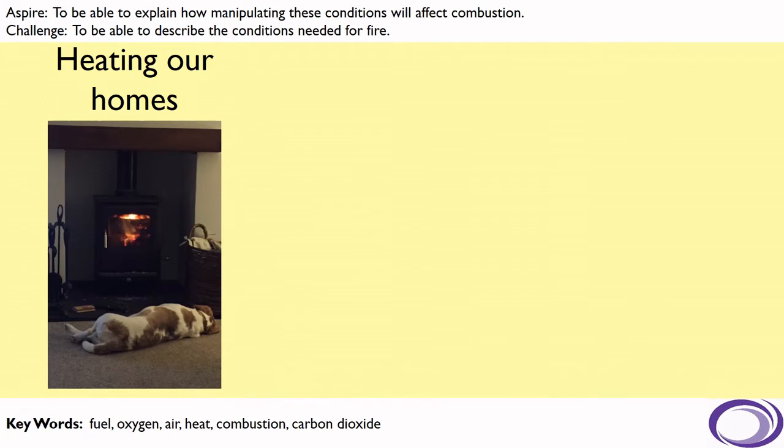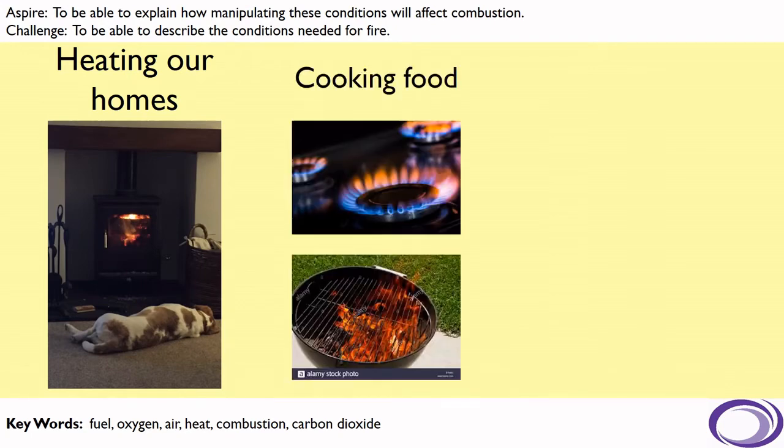We may use combustion in several different ways to heat our homes, either directly by something such as a log burner or a gas fire, or indirectly by using our boiler to heat water, which is then pumped into our radiators. We also use combustion when cooking food frequently, although not always, because sometimes we use electrical ovens nowadays. But if you have a gas oven or when you barbecue, you will be using combustion to cook your food.